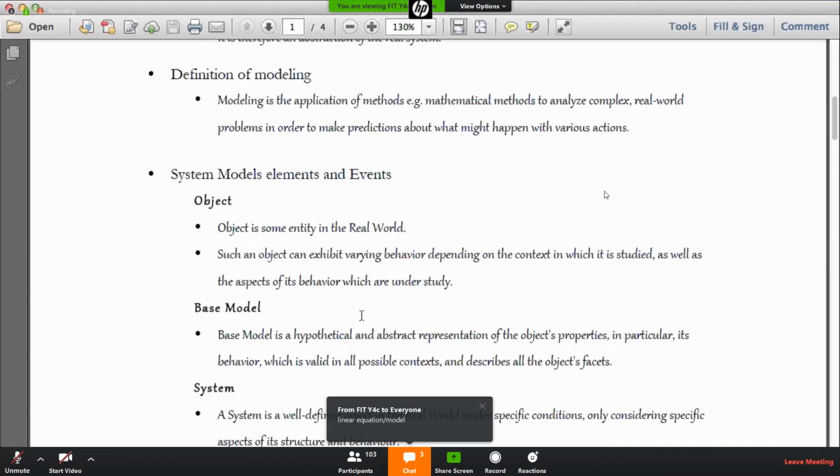Why is it a base model? Because I can use this under different circumstances. For instance, if I'm trying to plot the performance of students, or the amount of rainfall, it's an equation that I can apply in different situations.